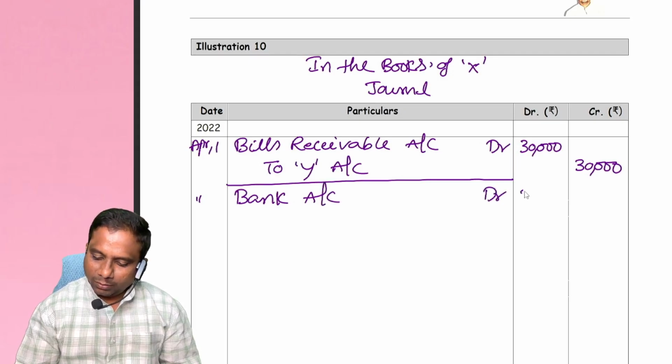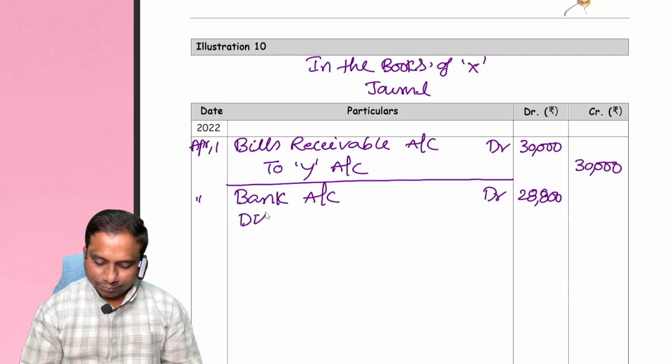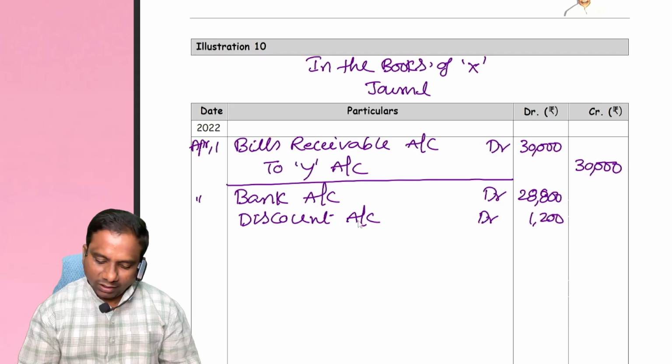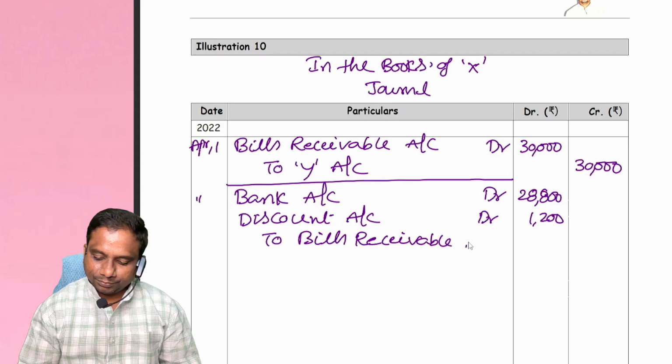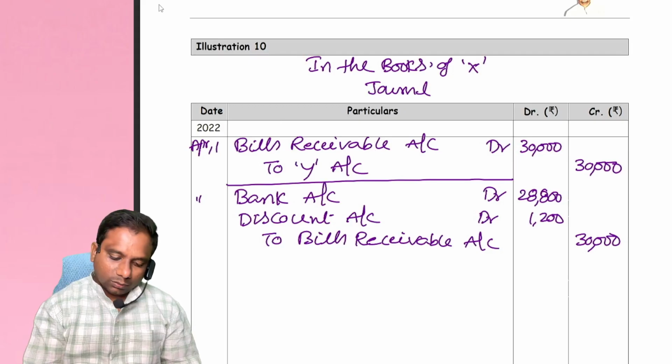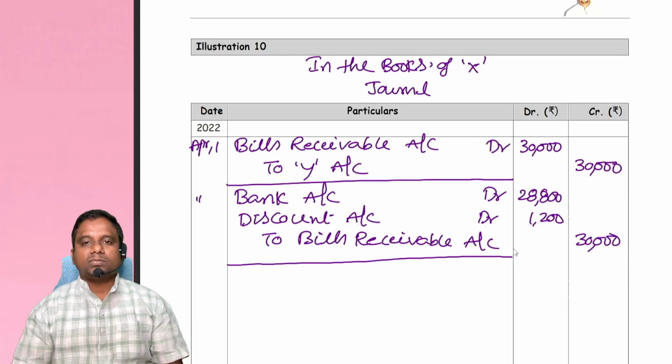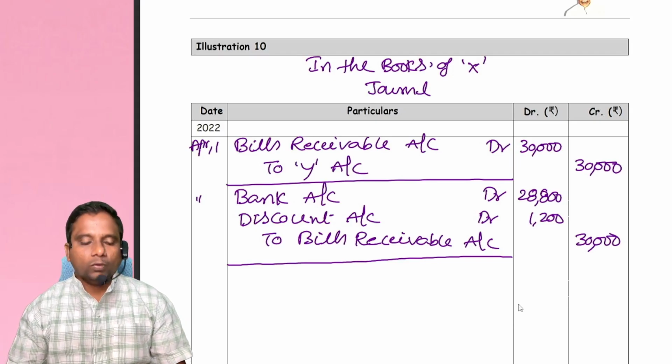Bank account debit 28,800. Discount account debit 1,200 to bills receivable account 30,000, as we hand over the bill to bank. That's it. Over. Next, what happened?